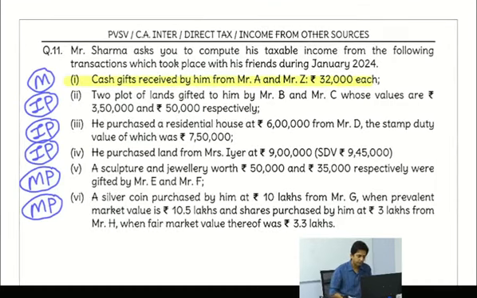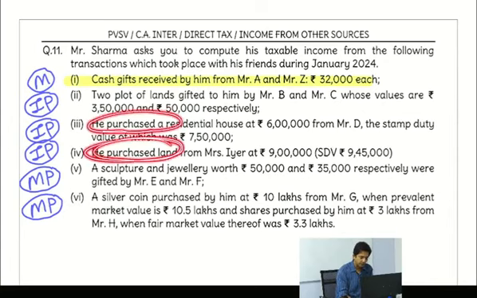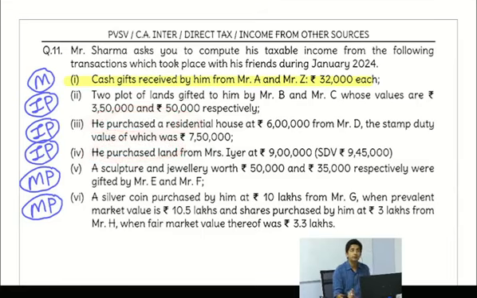Next point. In the next 2 points, you will find the word purchase. The moment they write purchase, you will come to know it's not free, it's low price. But do I have to club 2-3 points here? Is it aggregate or per property? Per property. So don't mix both the points.